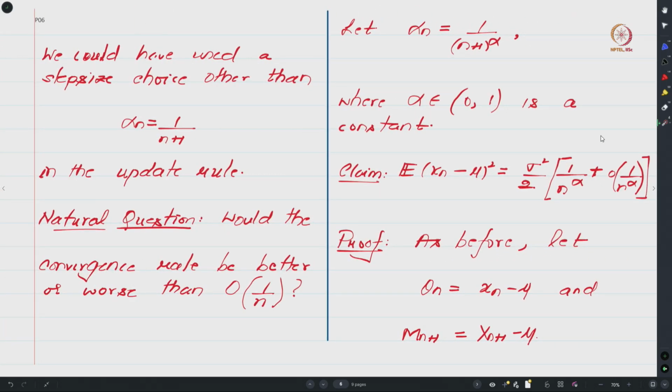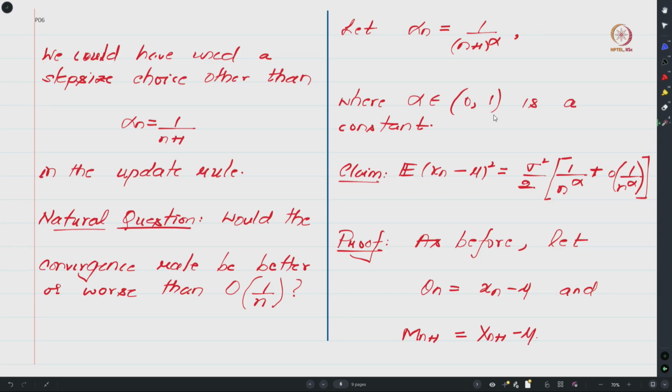So now one can ask, okay, in this update rule we had used this step size sequence 1 over n plus 1. Why did we use that step size sequence? Maybe if you had used a different step size sequence, let us say 1 over n plus 1 to the power alpha, with alpha between 0 and 1, perhaps we would have got a better convergence rate.